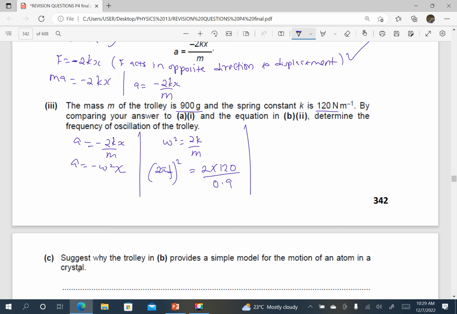So I want f. I just press my calculator. 2 times 120 divided by 0.9. I find the square root because on the left it is squared. Then I divide by 2 pi.